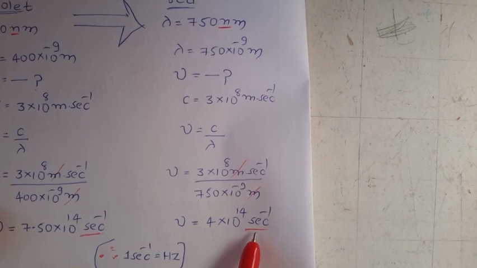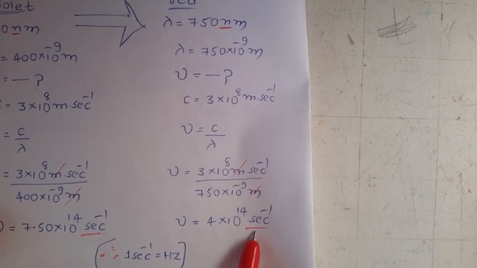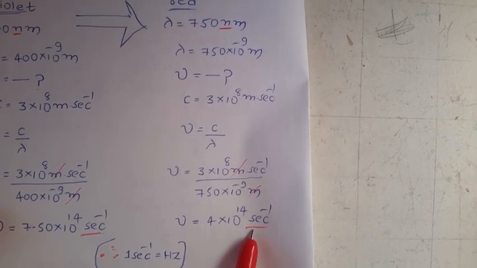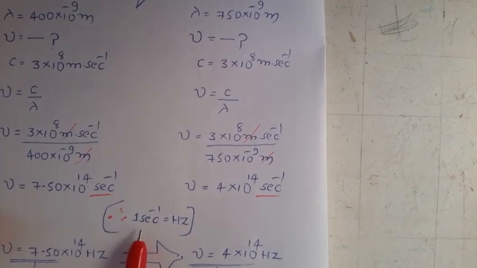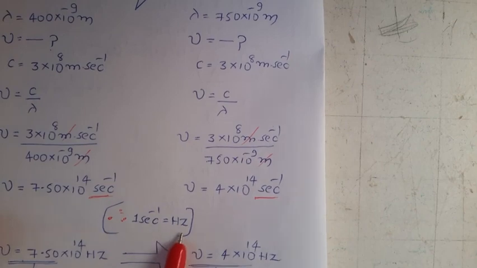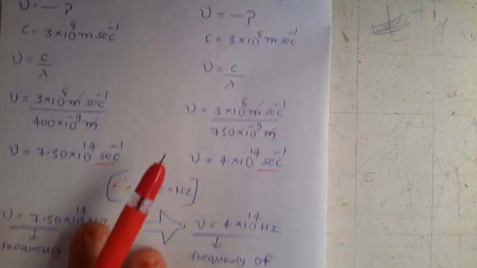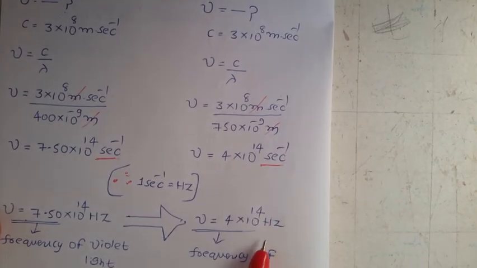But we need the value in hertz, not in second inverse. In the frequency units, we already discussed that 1 second inverse equals 1 hertz. So simply this second inverse is replaced with hertz.